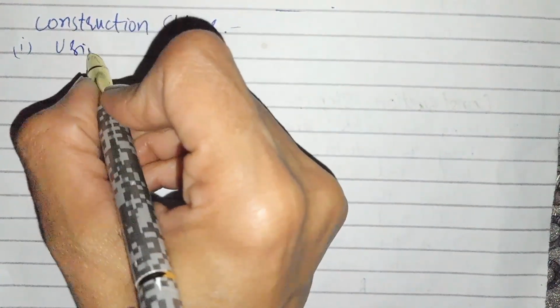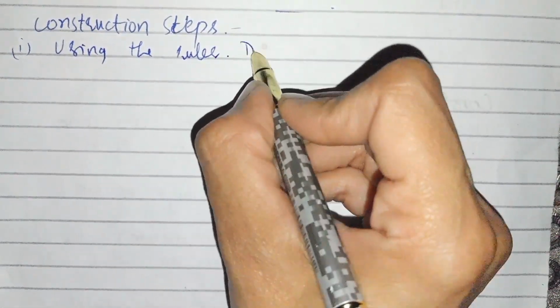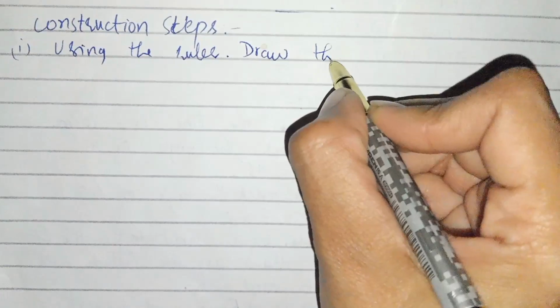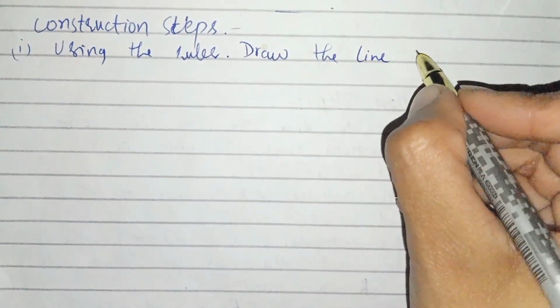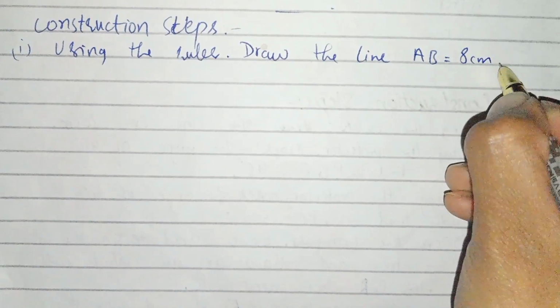First, using the ruler, draw the line AB equal to 8 centimeter.